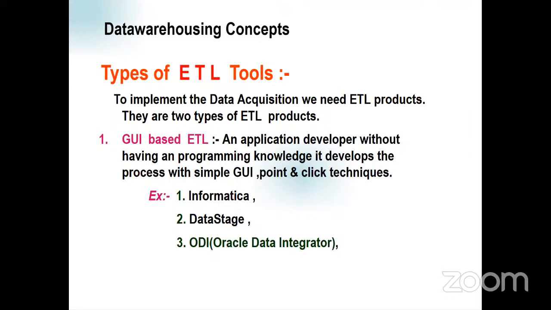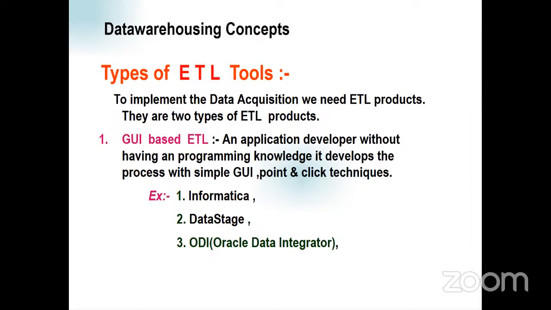Here, to build a data warehouse we need data, so we need a data acquisition process. To build data warehousing applications, we need software like code-based tools or GUI-based tools.